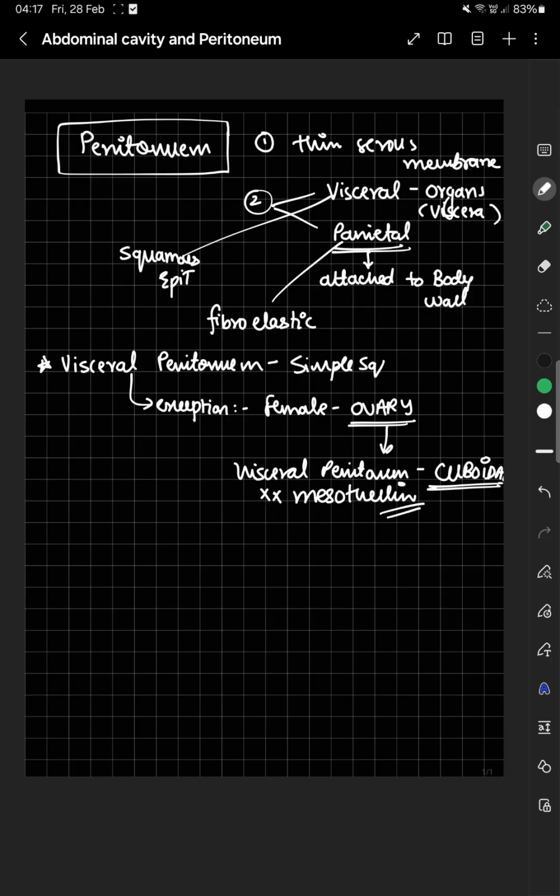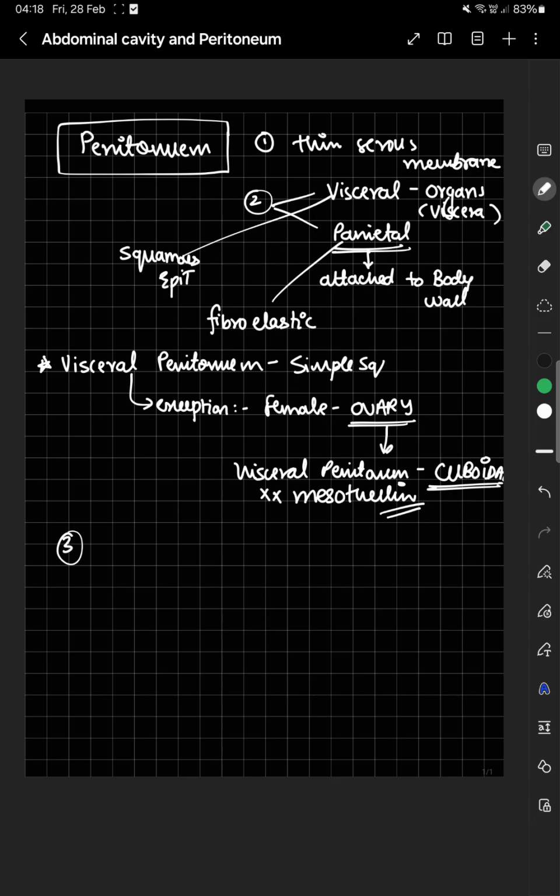and it's basically like the interior of the abdominopelvic cavity, which covers all of them. Since there are two layers, the space present between these two layers is known as the peritoneal cavity, and it has a thin capillary film of fluid.